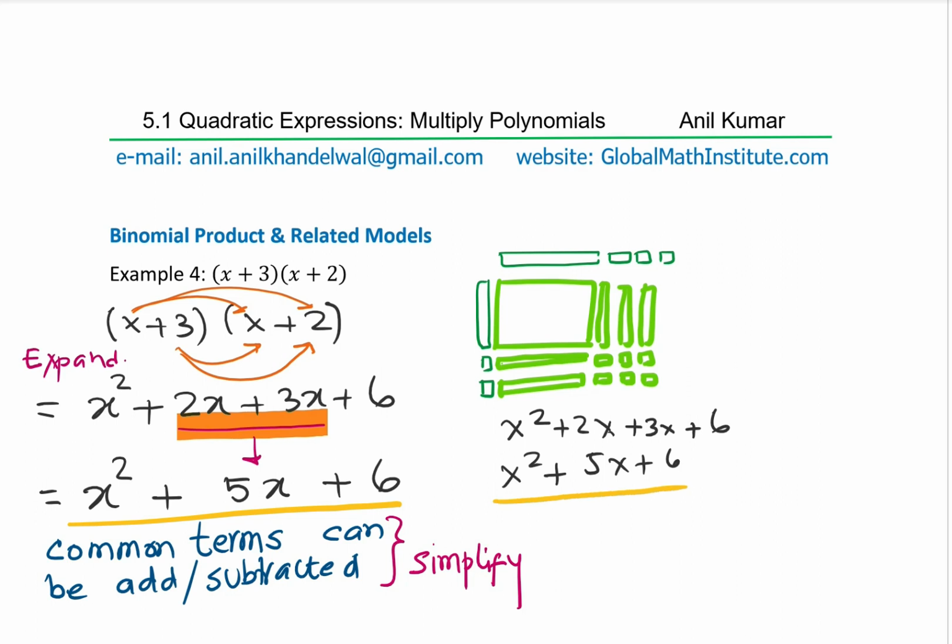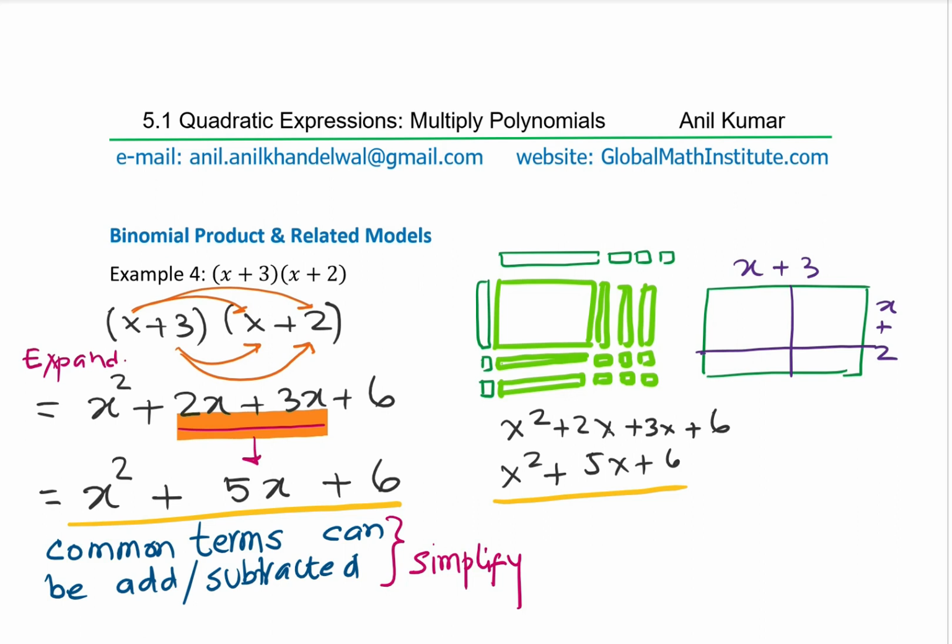Now, you can also make a rectangle. So a rectangle with dimensions of x plus 3 and x plus 2. Let's write down x plus 3 and this is x plus 2. So let's say x plus 3 is kind of this side and x plus 2 is like this.